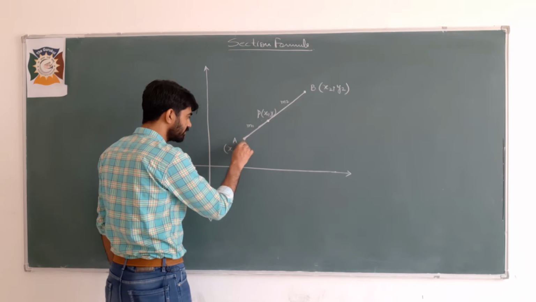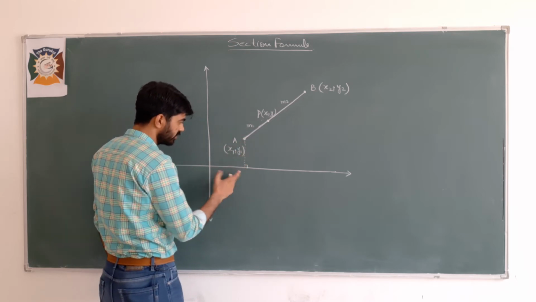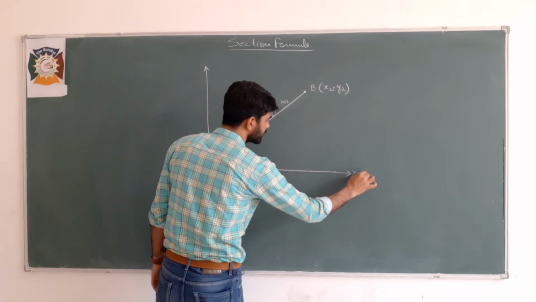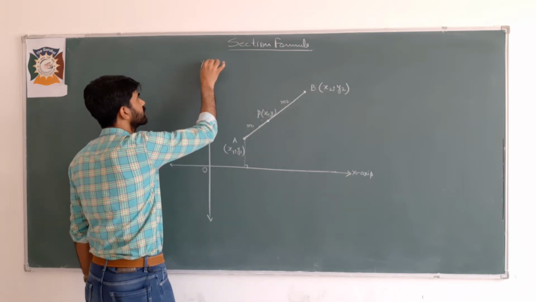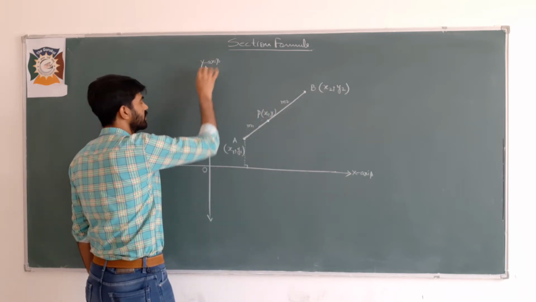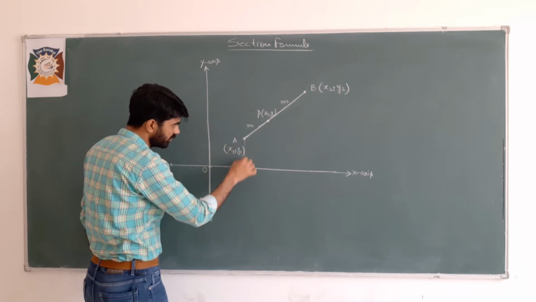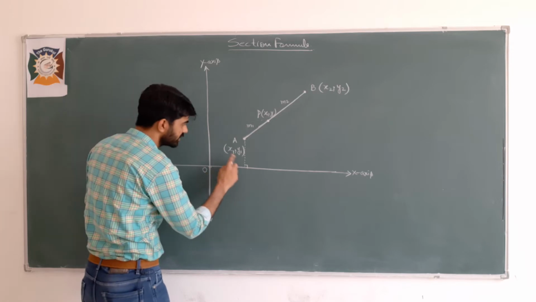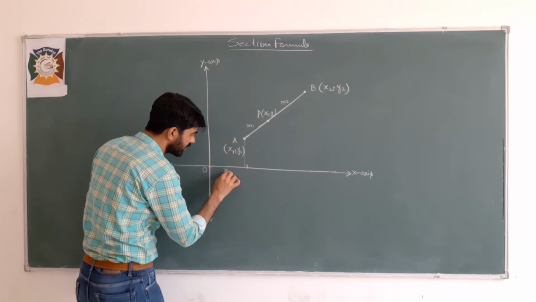Let us see. If I draw a perpendicular here, what about this length? This is the origin, this is the x-axis, y-axis, and this is the origin. Now if I draw a perpendicular from point A, this distance will be equal to the abscissa, so it is x1.